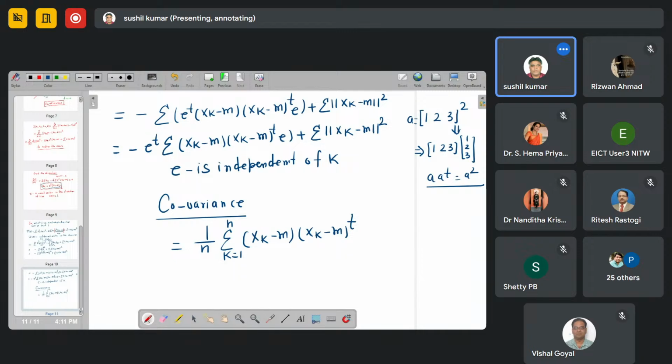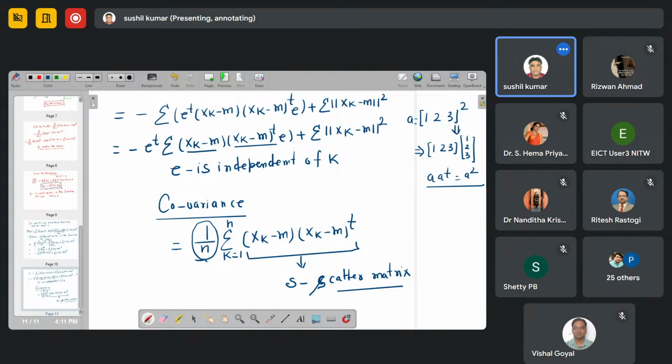If you check this portion, (x_k - m)(x_k - m) transpose, it is similar, only the 1 upon n is not there. So I will not write it as covariance, but I will replace this term with S. This S is called the scatter matrix.